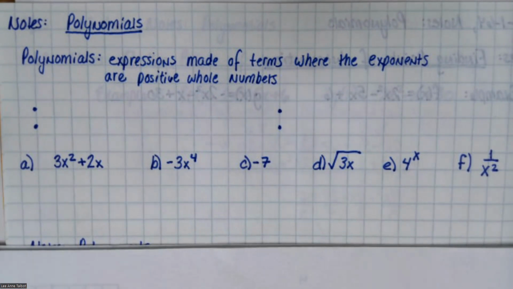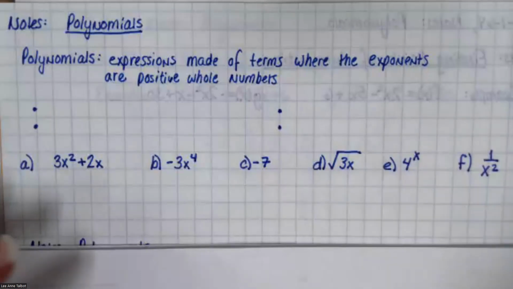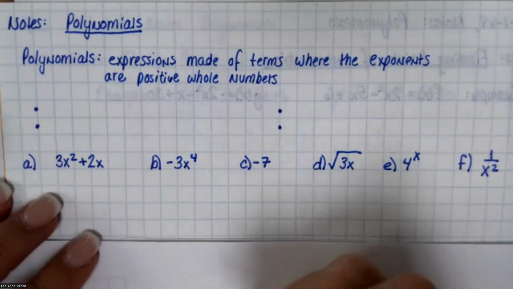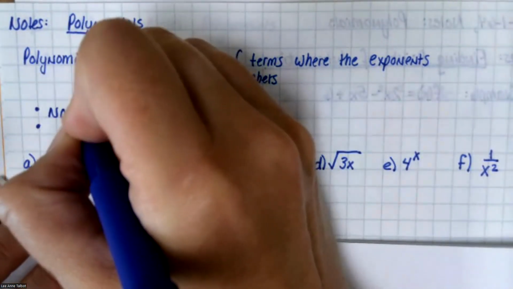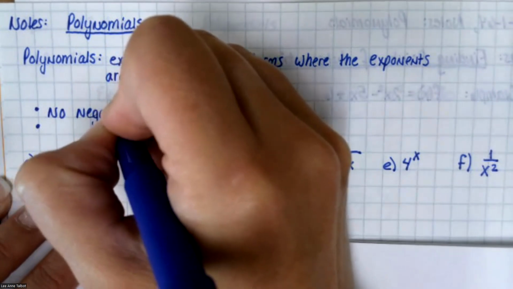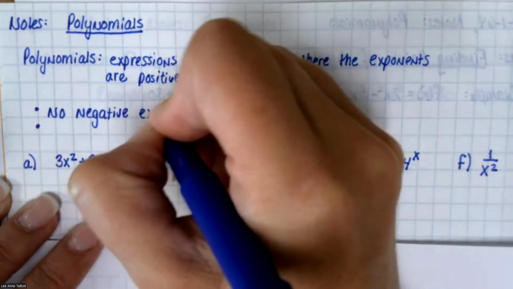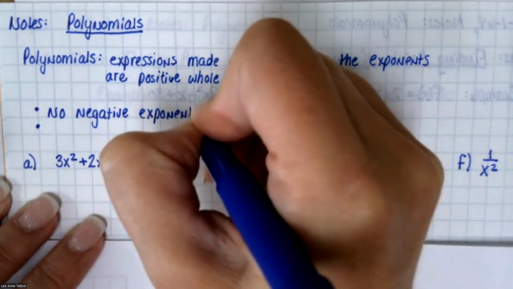Okay, sometimes it's hard for us to identify positive whole number exponents. You're like, Mrs. Habit, I can identify a positive whole number exponent, except sometimes with exponents, it's challenging to see it. Okay, just trust me. So no negative exponents.